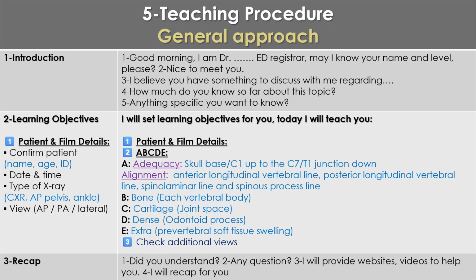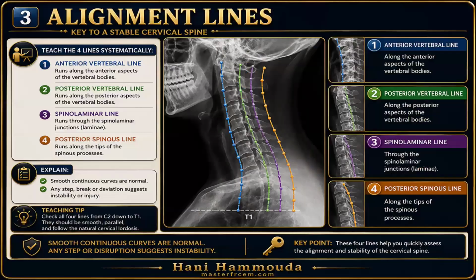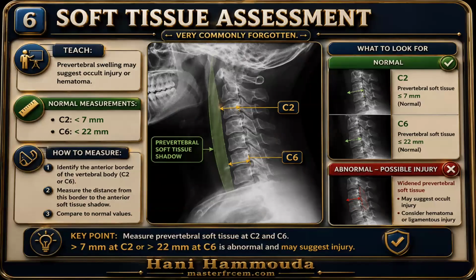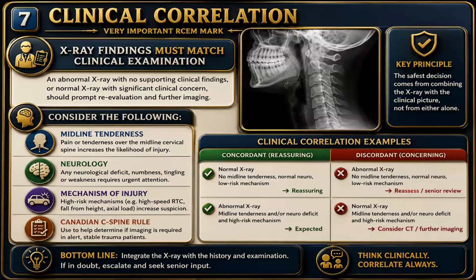And if the patient has missed findings, sir, if they do not tally with the symptoms of the patient. So if the patient has a normal X-ray, midline tenderness and/or neurodeficit, and a high-risk mechanism, you will consider CT scan and further imaging.